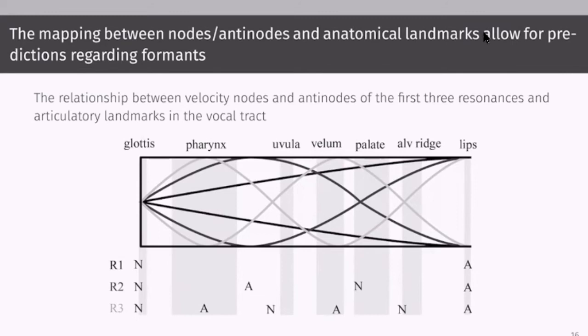So here is a secret. When you have a constriction at a node, it raises the corresponding resonance. So if I have a constriction at a node for F3, it's going to make F3 higher in frequency than it otherwise would be. Let me draw this.